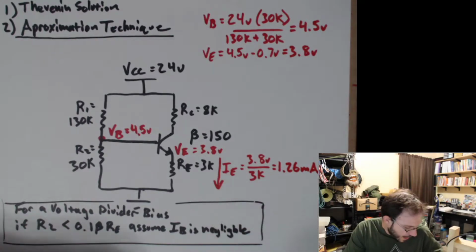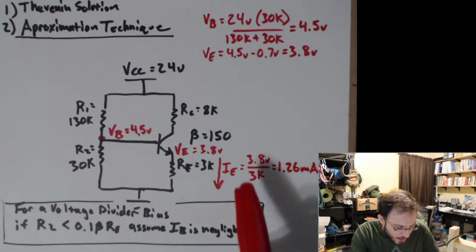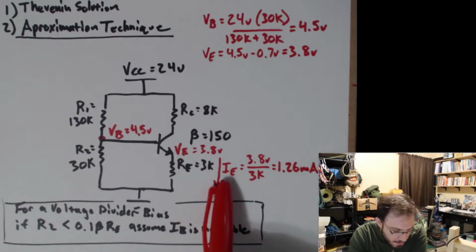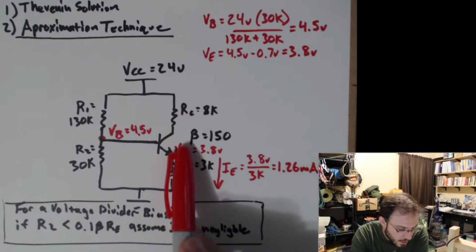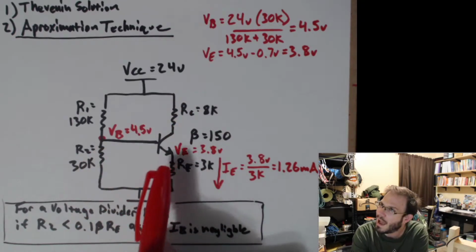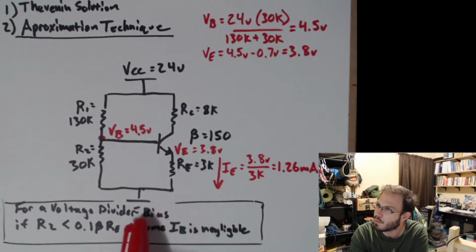Perfect. And now again, we know the relationship between the collector current and the emitter current. The emitter current is equal to the collector current plus the base current. But again, we're going back to this approximation technique where we're assuming that IB is negligible.